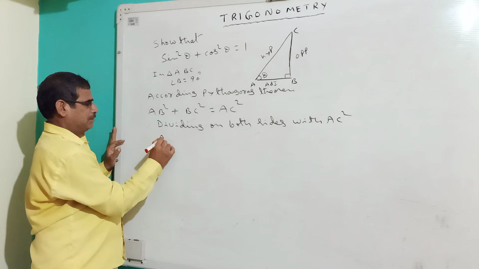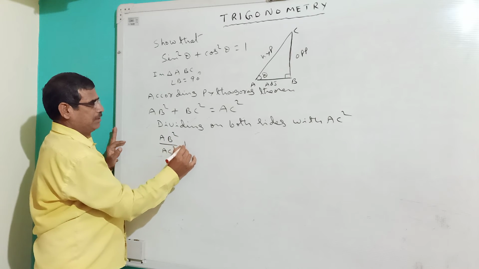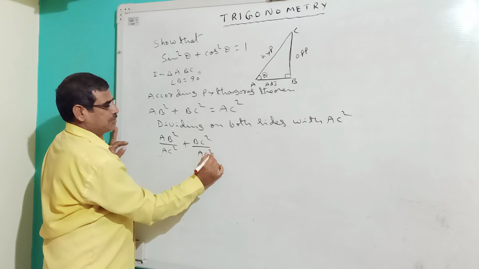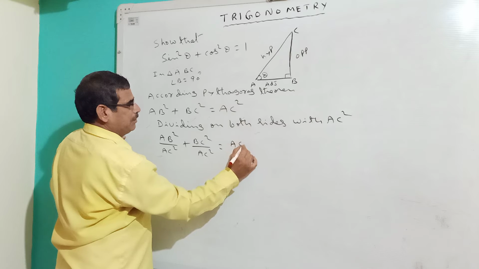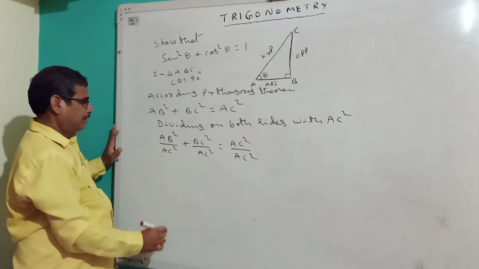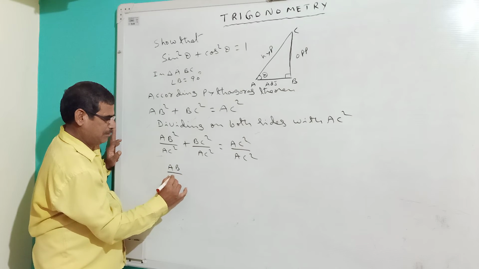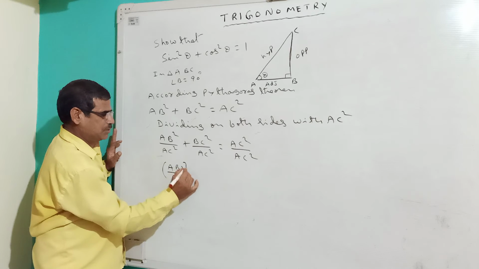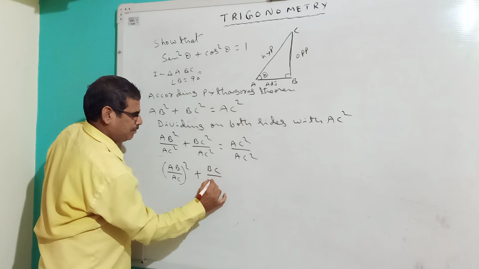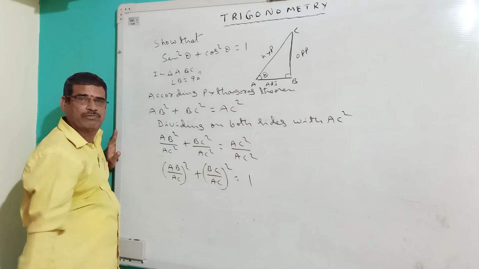So that is AB square by AC square plus BC square by AC square is equal to AC square by AC square. Here I am writing AB by AC whole square plus BC by AC whole square is equal to, cancellation, 1.